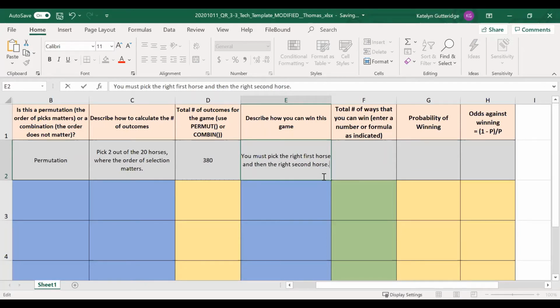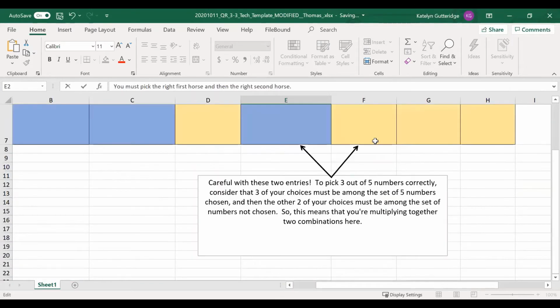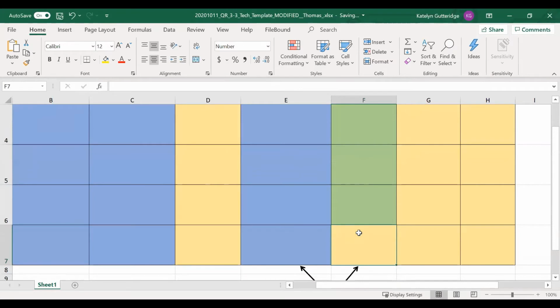Okay, so after we describe it, now we have to figure out the total number of ways that we can win. For the first five, this number, you can kind of think of it in your head and you won't have to do any calculations for it. You should be able to think about it in your head and come up with the number. For the very last one, this is why we have a gold cell on this last one.